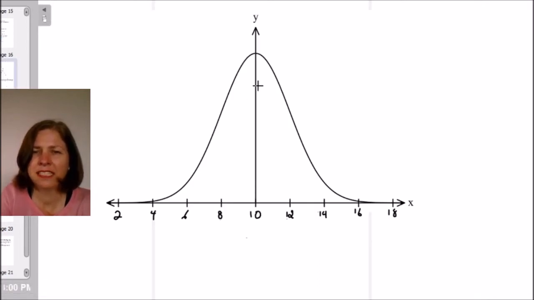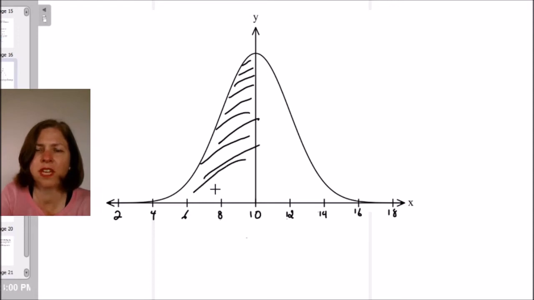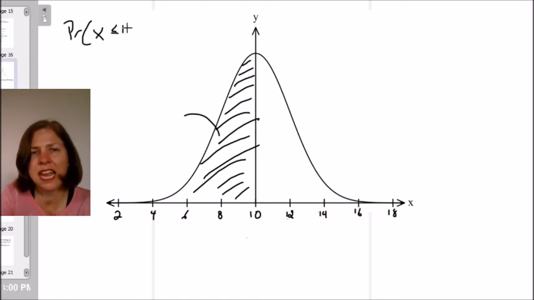I know that if X is less than or equal to 10, that's going to be this whole half of the graph. So this is 50% of my values here, right? So the probability that X is less than or equal to 10 is going to be 0.5.